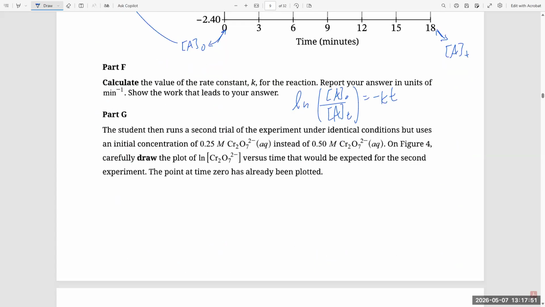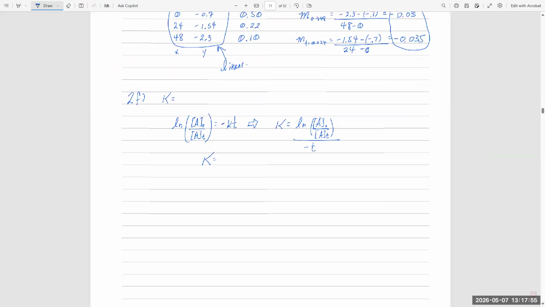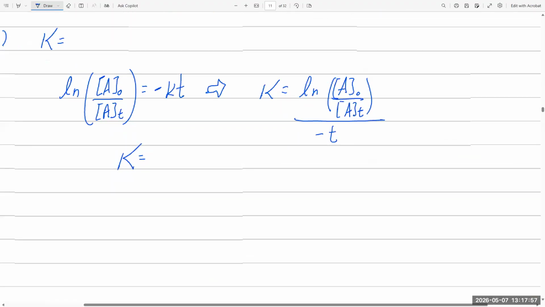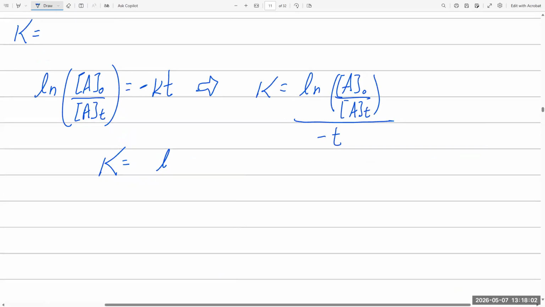So let's go back to our equation, right? And start filling these out. So we got your natural log of what do we got? A naught. That was negative 0.68, right? And at our T18, which is a sub t, we got negative 1.30, right?